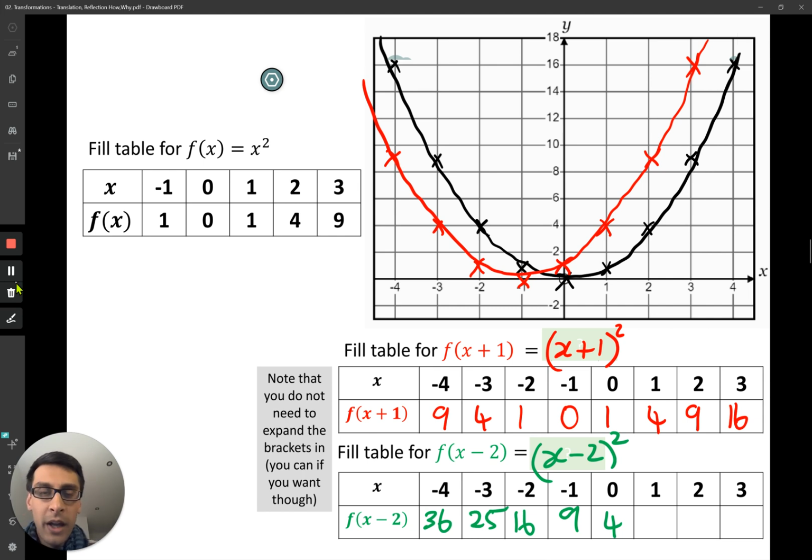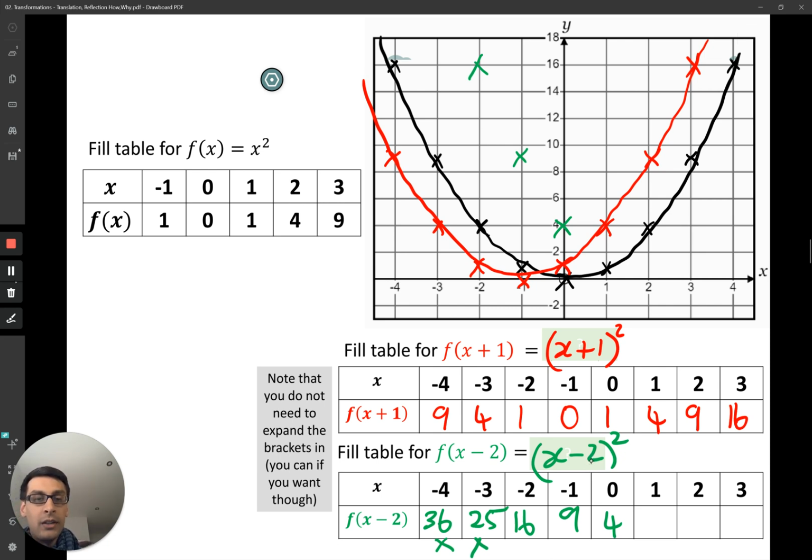Right, let's plot that one again. I think I've accidentally plotted that one wrong. So negative 2 goes to 16, so that is going to be up here. Negative 1 goes to 9. 0 goes to 4. 1 minus 2 is negative 1.